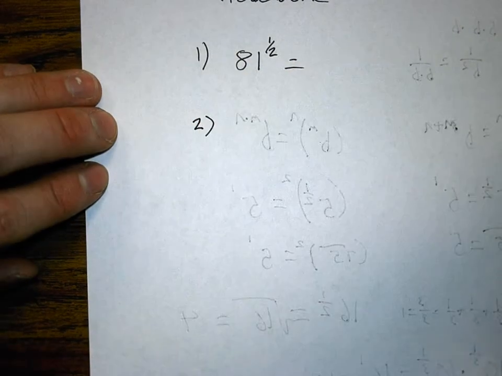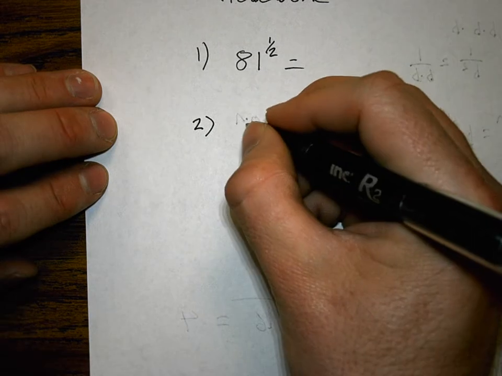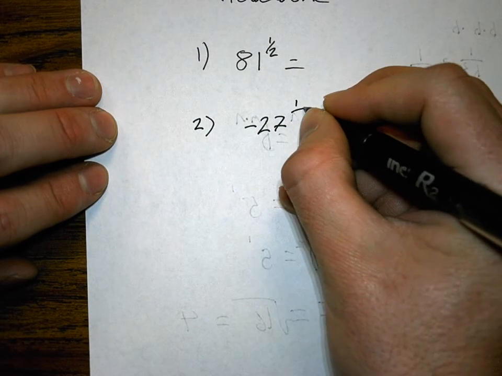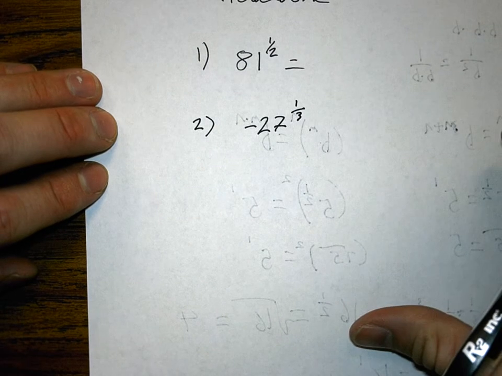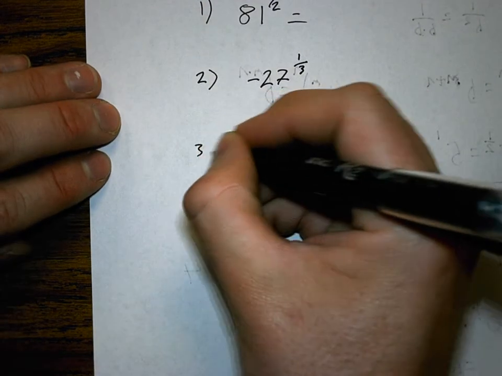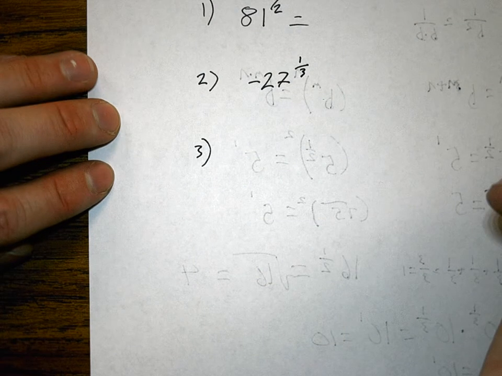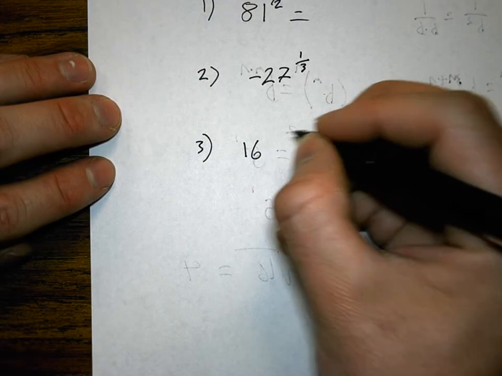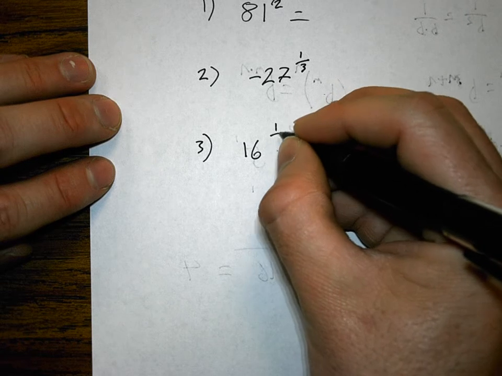Problem 2, negative 27 to the 1/3 power. Problem 3, let's go 16 to the 1/2 power.